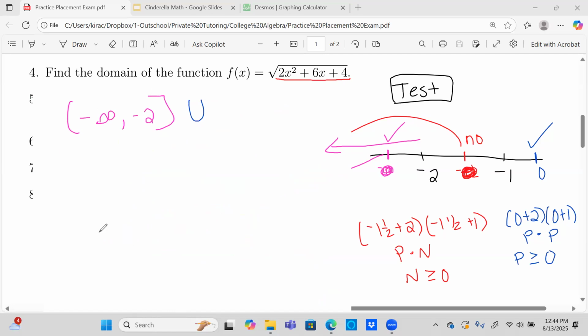That's called union. And then the blue check starts here and we go bigger because we could have picked anything bigger. Hard bracket because we had the equal. Start at -1 forever. So basically we just couldn't do where I have the no, in the middle there. Everything else should be okay. All right, that's the domain.